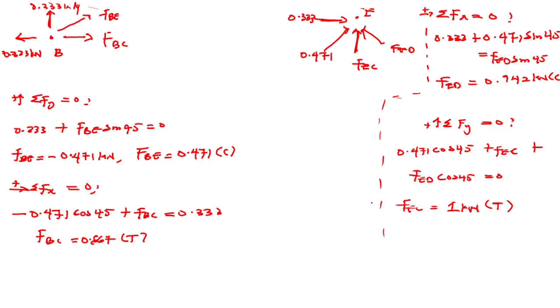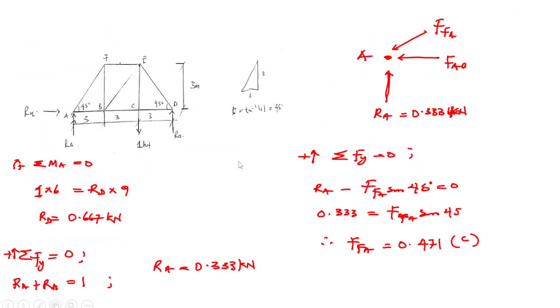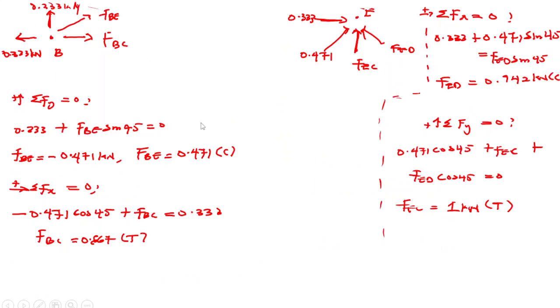If we consider another joint, if we consider joint C, it has just one component.